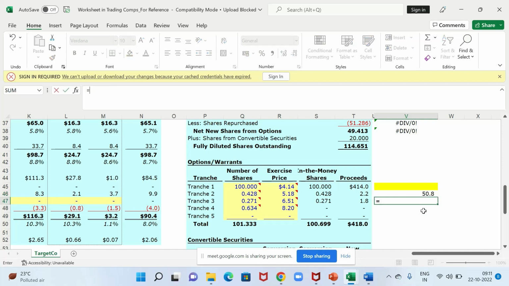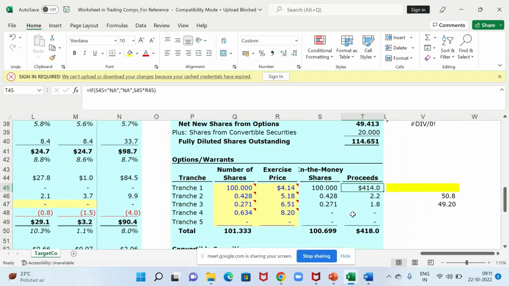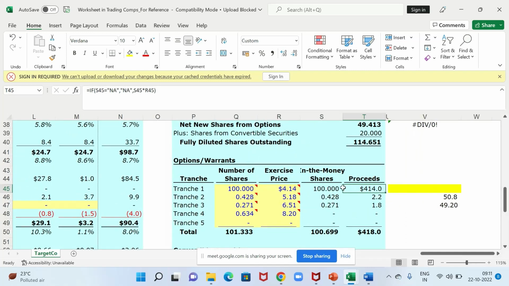So at the end, how much is my dilution? 100 minus 50.8. So this is the net dilution. I am issuing 100 at this strike price, but still since I'm getting 414 as the proceeds, I'll be using this proceeds to acquire my own shares, which is basically total proceeds divided by the current market price of these shares.